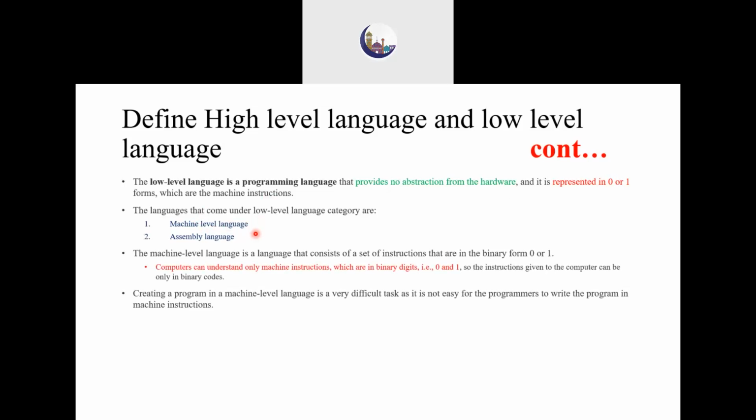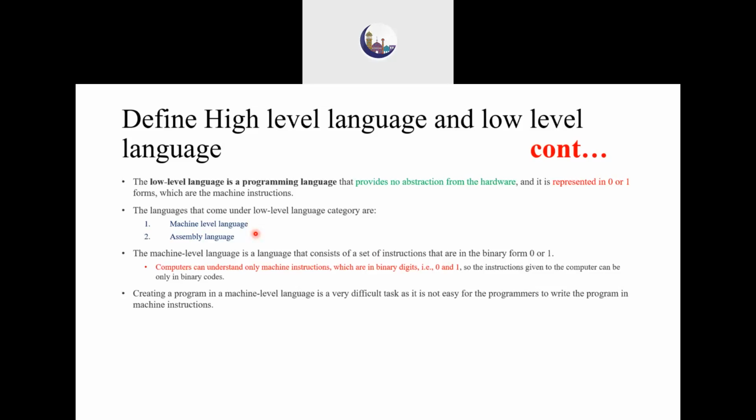For example, let us take my name, Asmat, and take the letter A inside it. This letter A will be represented as the numerical value 65, and this 65 again will be converted into zeros and ones. So can I remember my complete name in zeros and ones? No, it's very difficult, right?